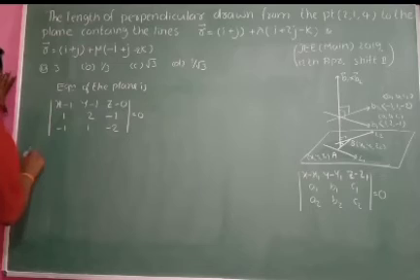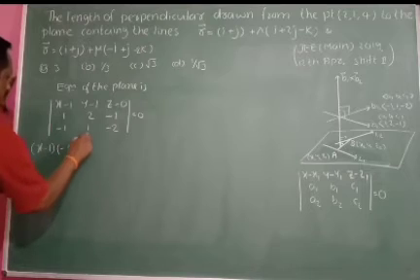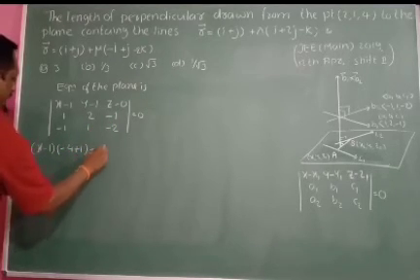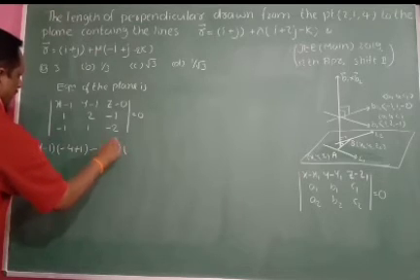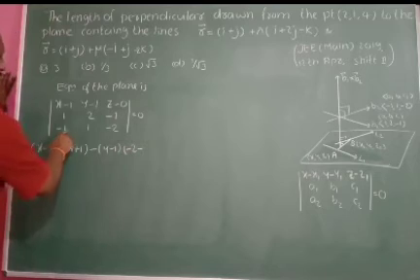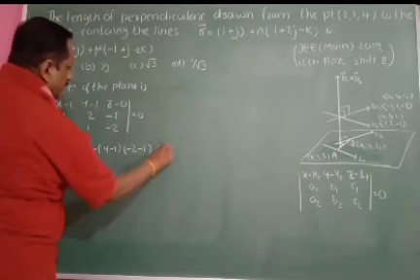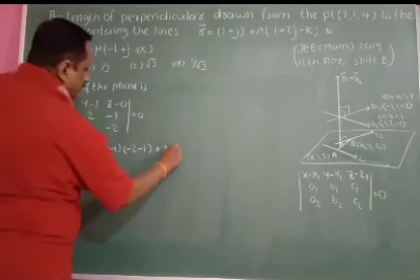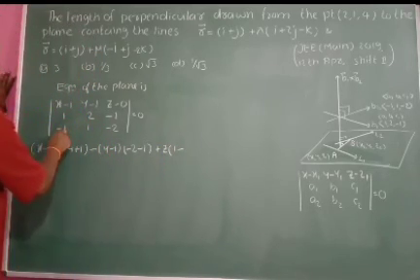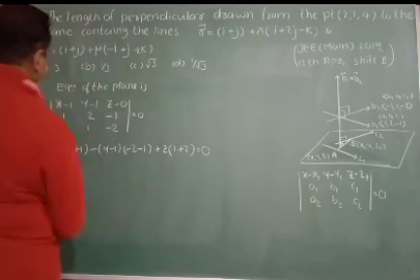Now we simplify. x minus 1 into (2 twos are 4, minus of 4 minus 1 into minus 1 is plus 1), minus of y minus 1 into (minus 2 into 1 is minus 2, minus of minus 1 into minus 1 is plus 1, so that is minus 1), plus z into (1 into 1 is 1 minus of 2 into minus 1 is minus 2, minus plus 2), equal to 0.